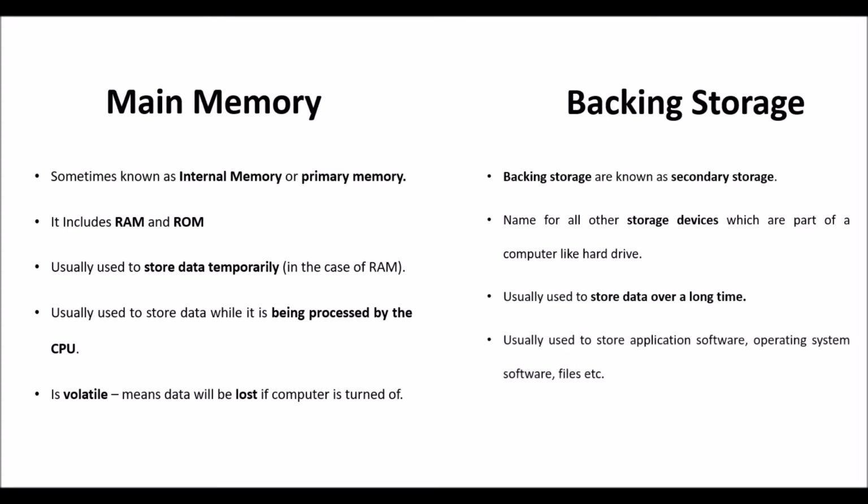Just like when you save something in your pen drive or in your hard disk, the data will not be deleted. 1 year, 2 years, 3 years, it will still be there. They are usually used to store application software, the operating system, files and any other thing. Majorly they are non-volatile. It means that even if you remove them from your computer, the data will not be lost.